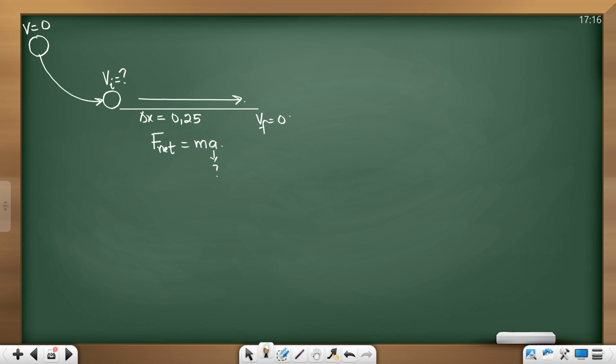What's my equation? Vf squared equals Vi squared plus 2a delta x. But I have a problem. I have my final velocity, but I don't have initial velocity.